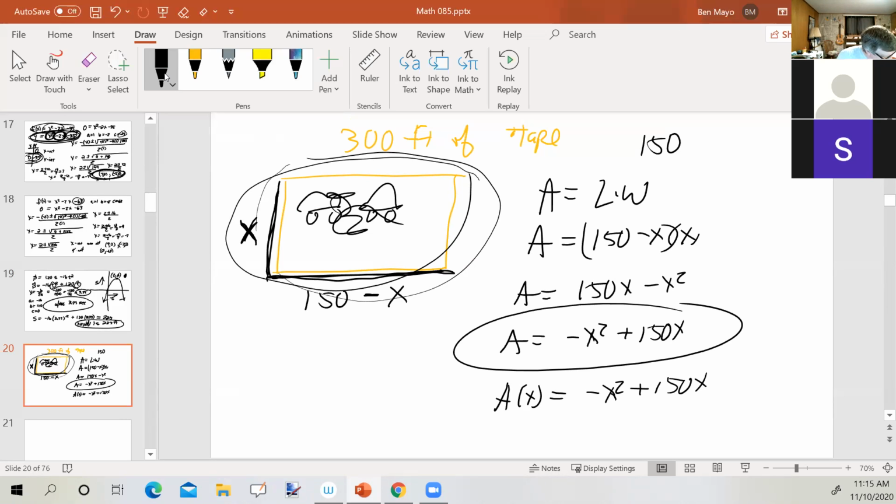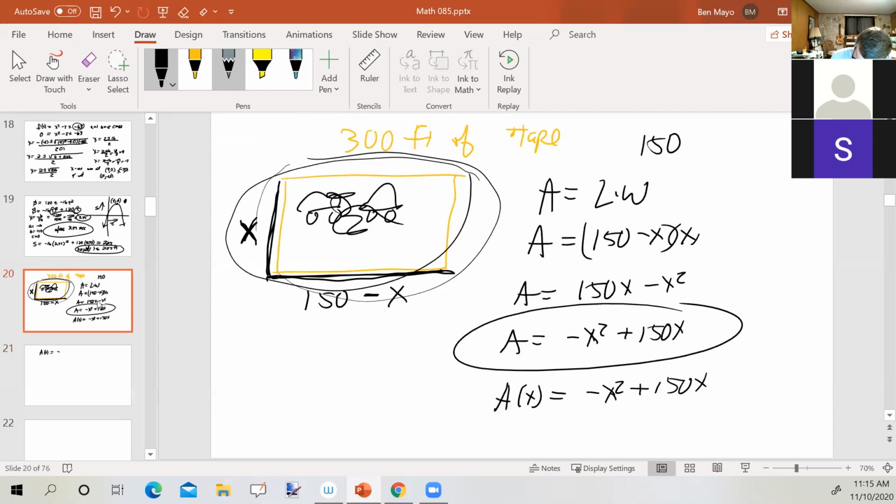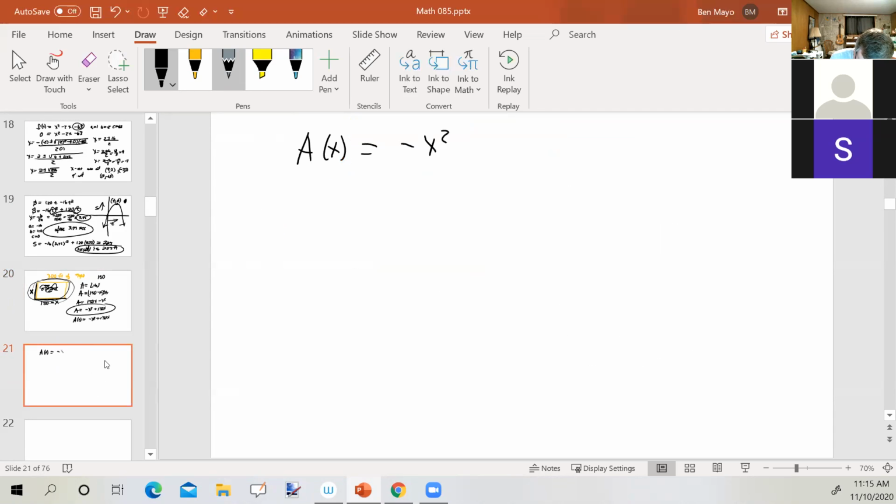But what do I want to know? It says, what dimension should be used and what is the maximum area? Okay, so let's take that function, A of x equals negative x squared plus 150x. All right.